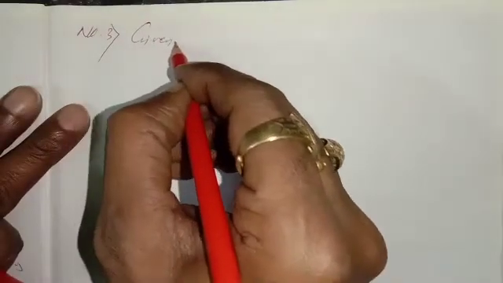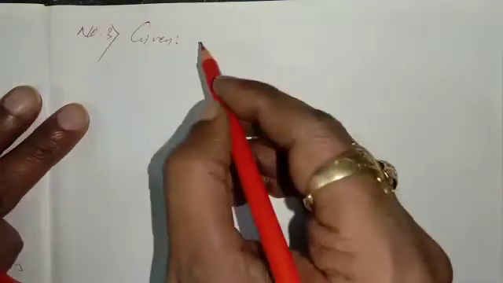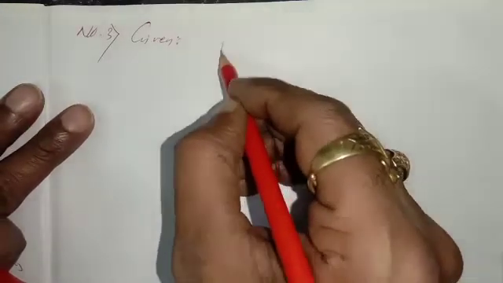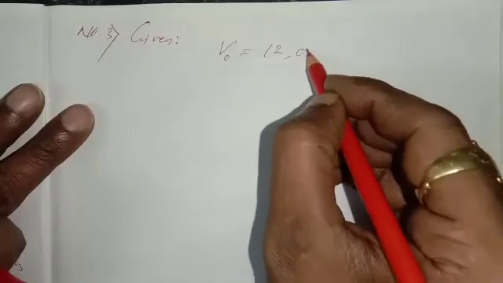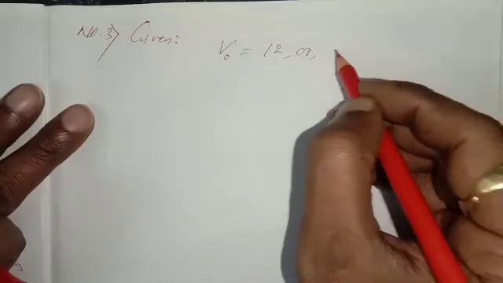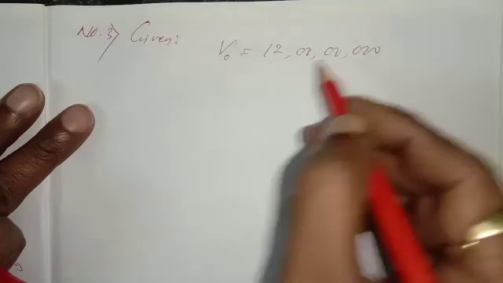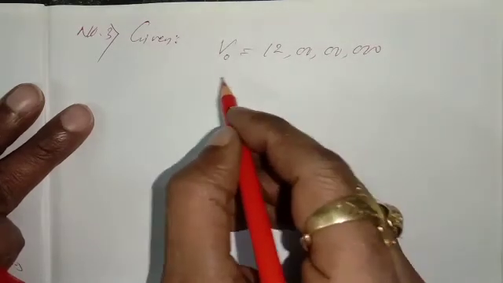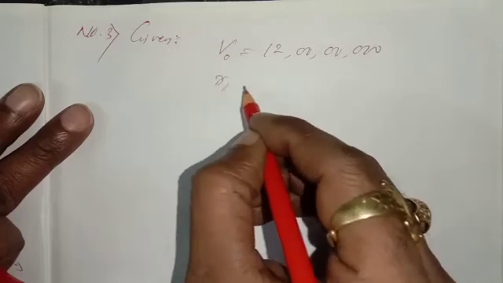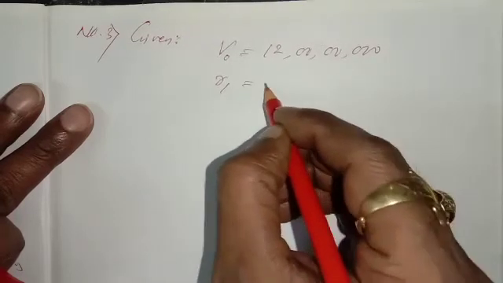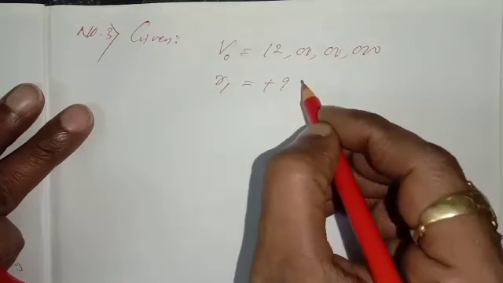In this question number 3, what is given here? The present status of the bacteria, that is V0, is given as 12 crore. In the first hour it increases, that means R1 is plus 9%.